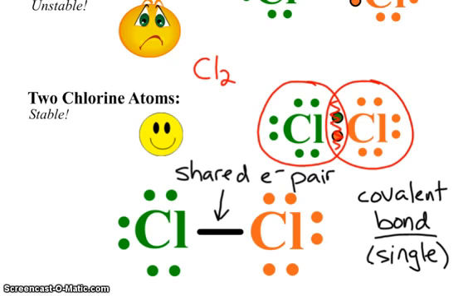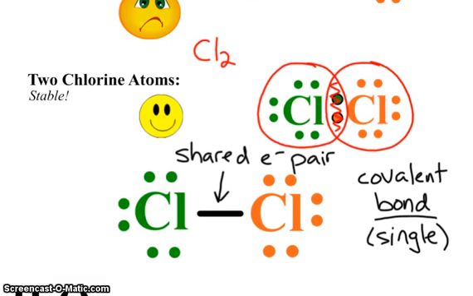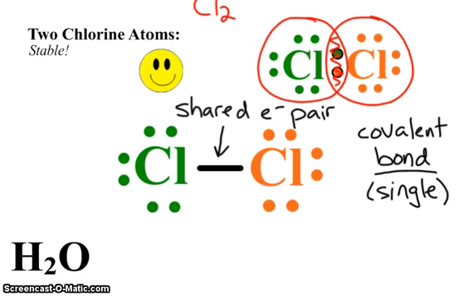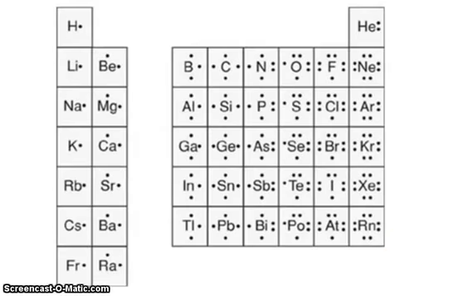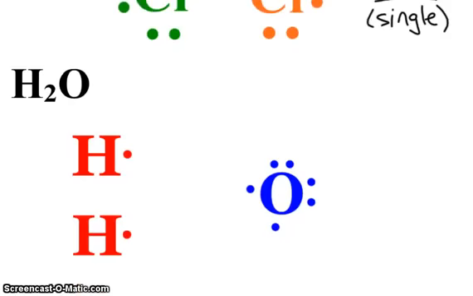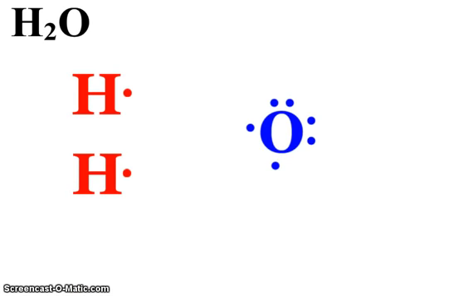So now let's take a look at the world's most famous covalent molecule, water, H2O. And I want to know how this gets put together. So what I want to do is look at my puzzle pieces. And I just want to put these puzzle pieces together so that we can create this lovely compound. So here I see the Lewis dot diagram for oxygen and for hydrogen. And so when I want to put them together, I see, hey, oxygen has 6 valence electrons.